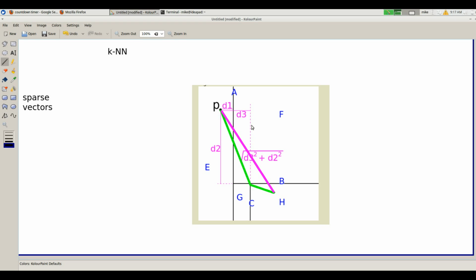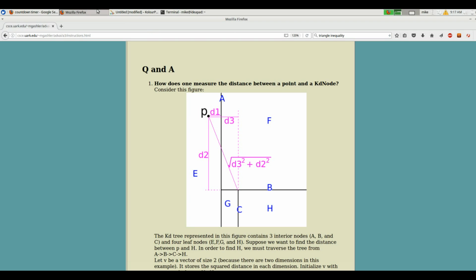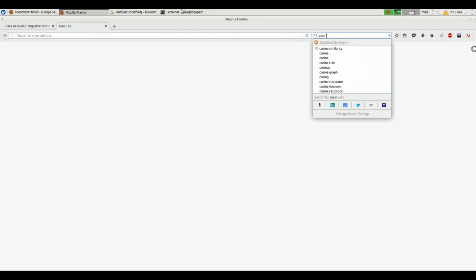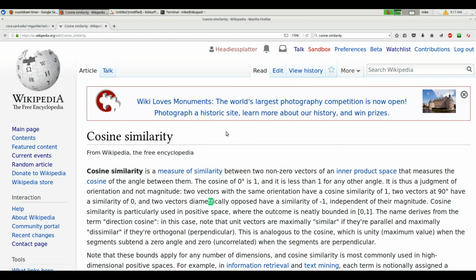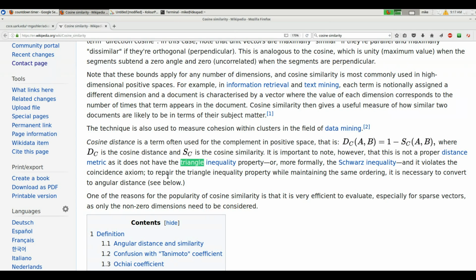So the question is, is Pearson's correlation coefficient compatible with the triangle inequality? It was cosine similarity. I could make you memorize that, but the easiest thing to do is to check cosine similarity. I haven't actually checked. I hope it's there. Let's find out. Triangle inequality.